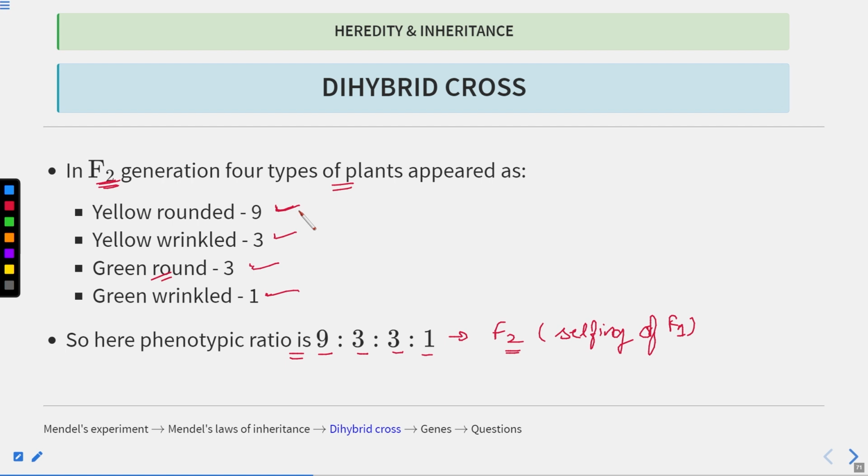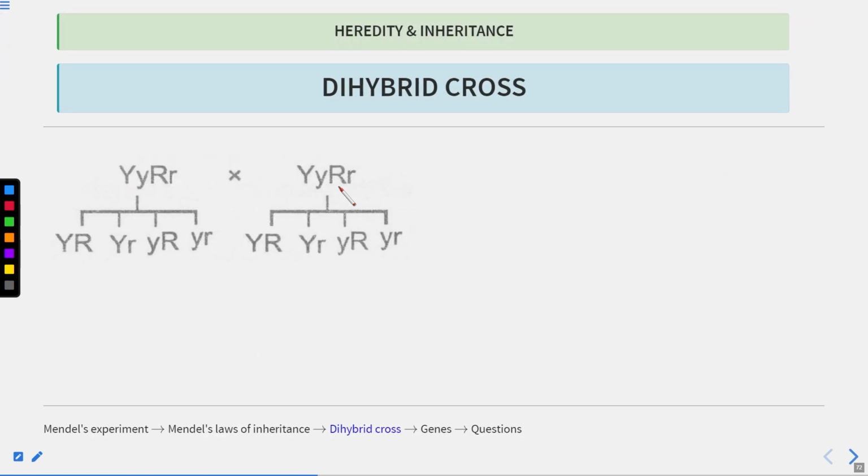So here you can see the alleles of one gene assort independently from the alleles of the other gene. Clear? So this is the method to explain the law of independent assortment. Again, here it is showing the selfing of the F1.